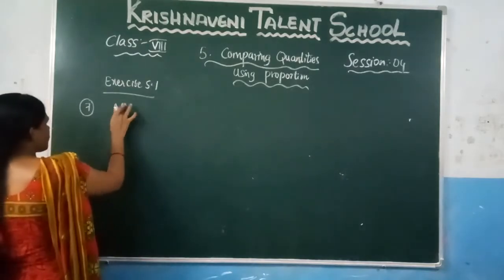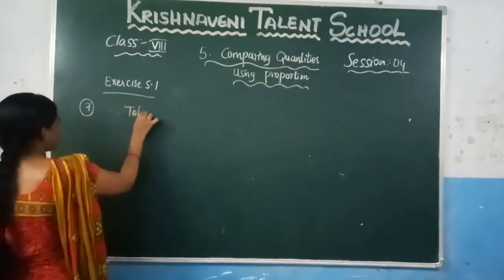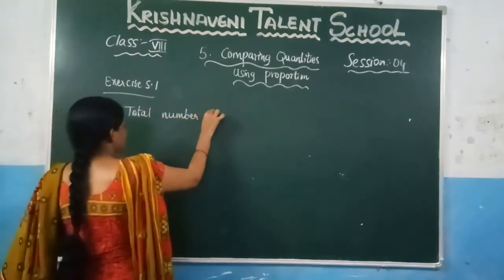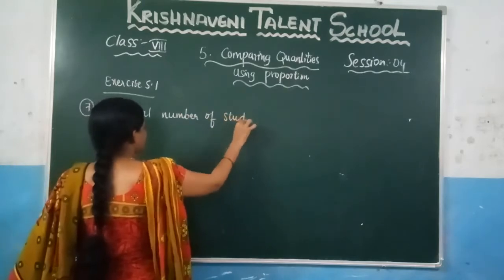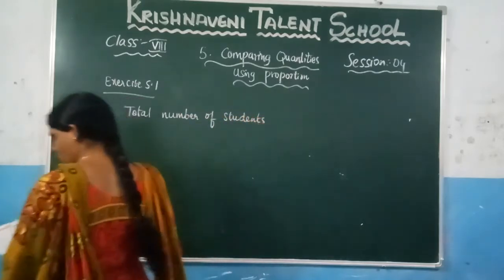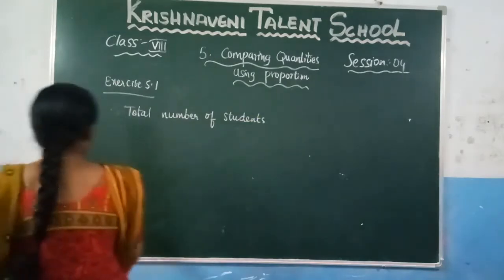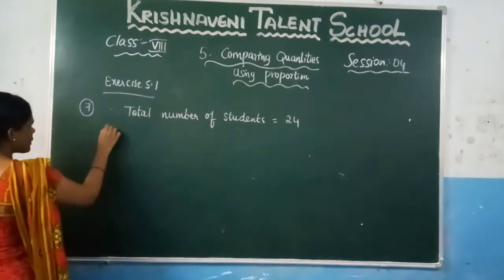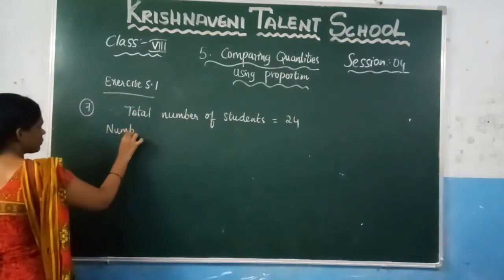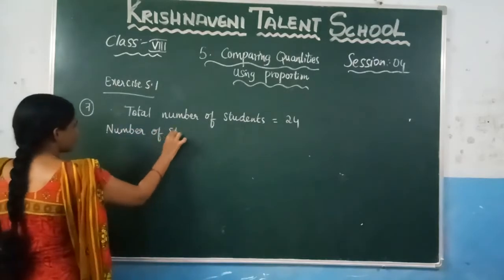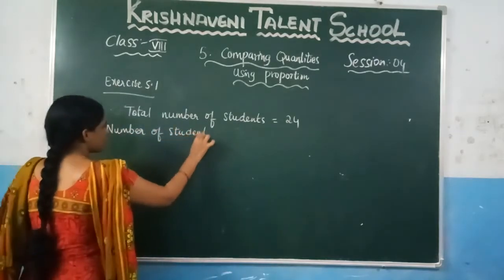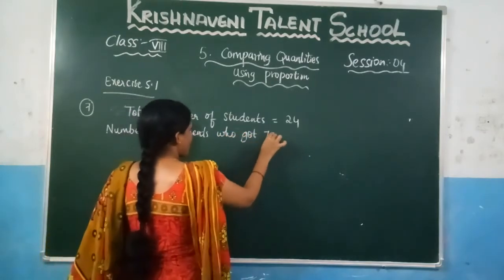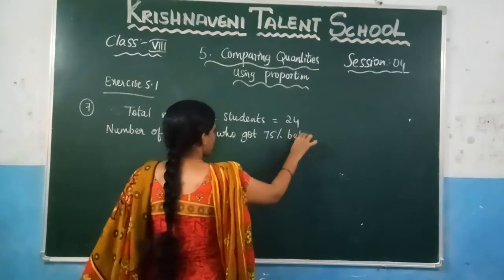First write it, total number of students. So here total number of students is 24 and after that number of students who got 75% below marks.